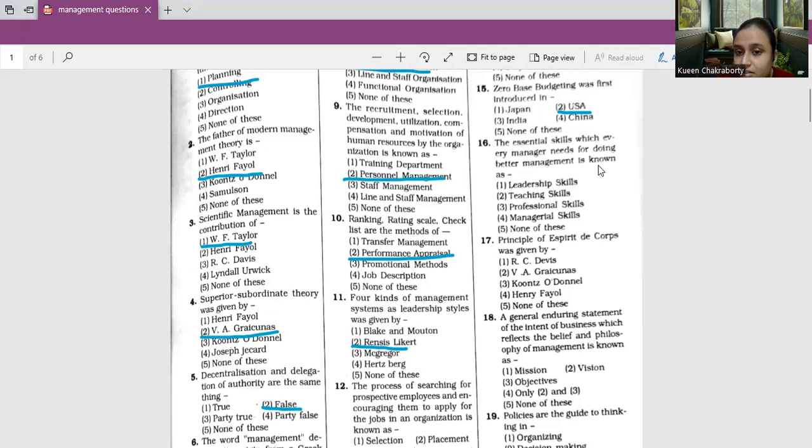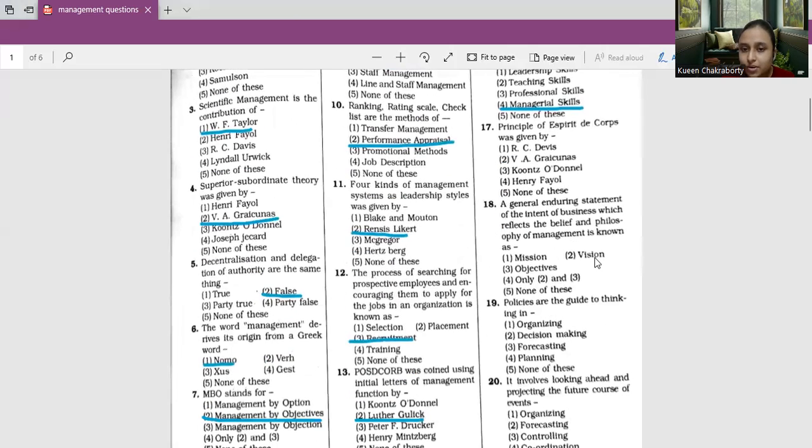Managers use the skills to coordinate strategies and administer the work responsibilities given to various groups of employees, whether they have any problem associated with it or not. The managerial skills between two supervisors may differ. Although the technical knowledge and job functions may be similar, the way of handling them, or the way they make the employees work, will definitely vary from manager to manager. So the answer to question number 16 is managerial skills, that is option number 4.